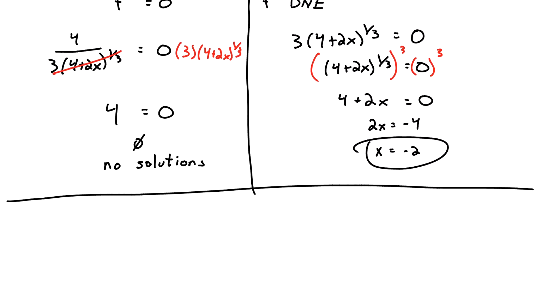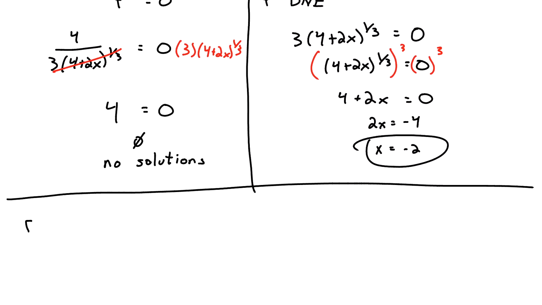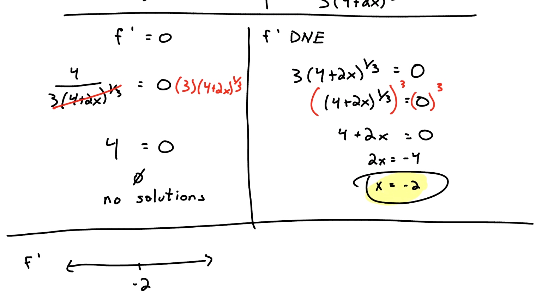So for our number line, we'll say here is f prime. Our critical number that we found is -2. And remember, right above that critical number, I always like to write the behavior of the derivative. And in this case, we have something different happening. Well, we found x equals -2 by thinking about where our derivative does not exist.